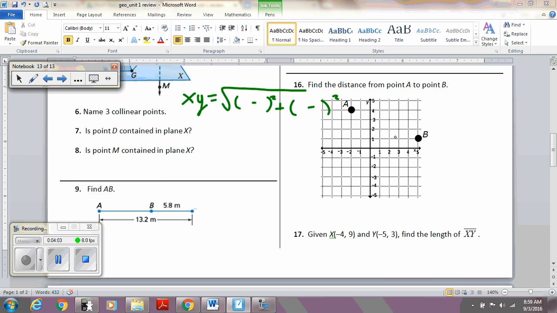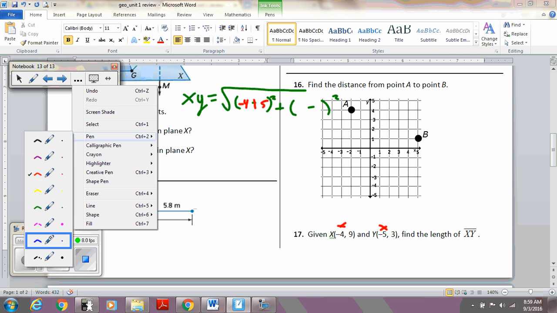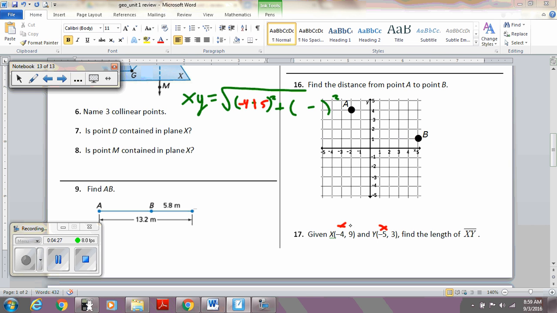So it's x minus x, x minus x, so that's negative 4 plus 3, or 5, sorry, because of the double negatives. And then it's y minus y. One y is 9, the other one is 3, so 9 minus 3.